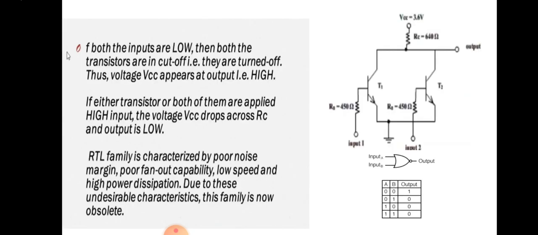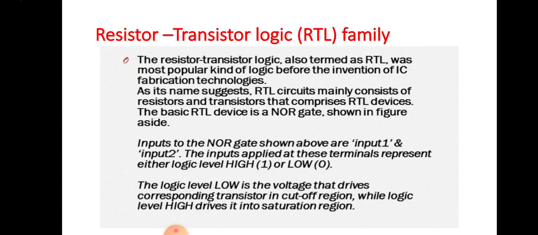It means from the figure, if input 1 is given 0, then the connected transistor T1 will go into the cutoff region. And if logic level high, that is 1, is given as input, then transistor 1 will go into the saturation region. So the transistor will switch on. Depending upon this logic, the RTL family works.